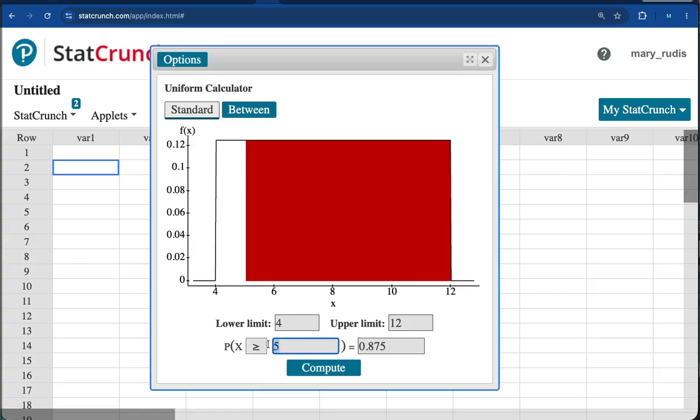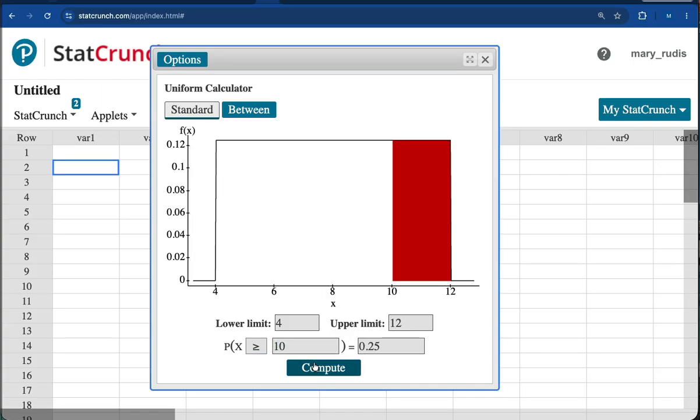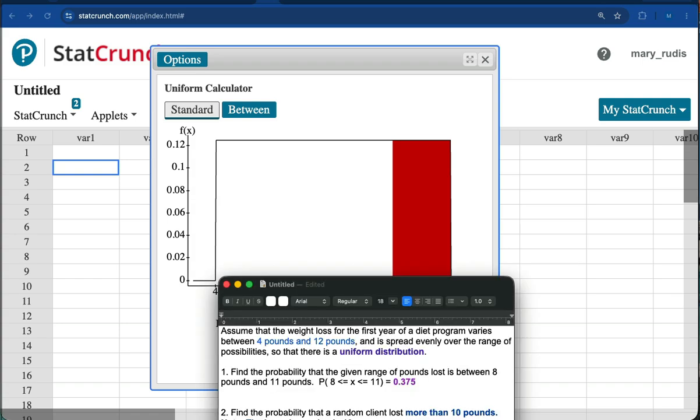We're going to put in our 10 here, and I'm going to hit compute. On the graph, you can actually see the values that are being calculated. If you think that those are in error for any reason, you can update the numbers down here. But anything between 10 and 12 is what we are interested in for that question 2.